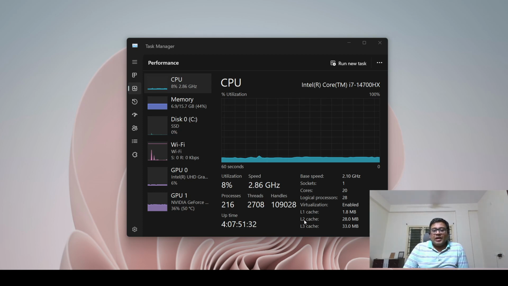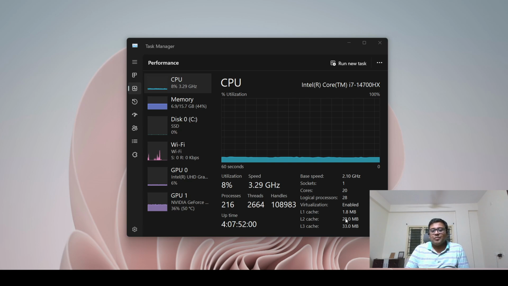Now this L1, L2 and L3 is the cache of your CPU, where the CPU keeps the data which it immediately wants to access, right? L1 is the fastest cache, the most immediate and the smallest cache. I am talking about proximity. It's the nearest one to the CPU and the smallest one, and that's why it's the fastest one. Now why is the smallest the fastest? Because searching for data happens quickly when the memory is very small.